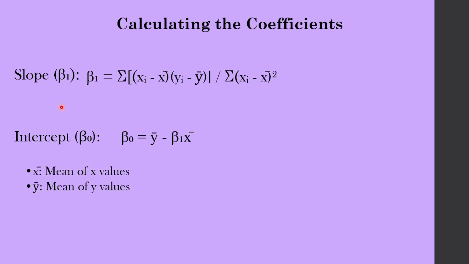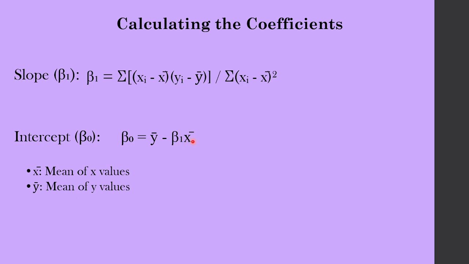Then the slope from this regression can be found by the formula beta 1 equals the sum of (xi minus x bar) times (yi minus y bar), divided by the sum of (xi minus x bar) squared. Here xi is the data value and x bar is the mean value, and likewise yi and y bar. Likewise, the intercept is beta naught equals y mean minus beta 1 times x mean.